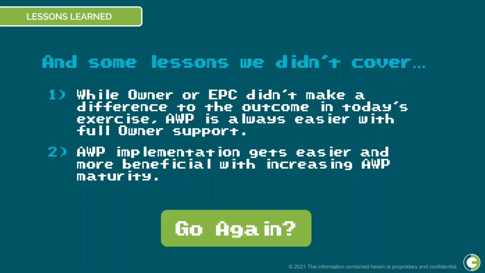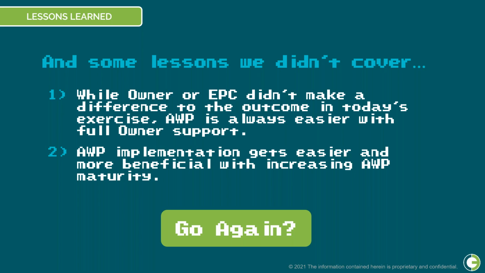There's also another important thing to understand, and one of the reasons why our ROIs weren't particularly high, given the project size, is that a lot of this comes with AWP maturity. The first time you do this, you will likely not achieve the 10% ROI savings that CII talks about.